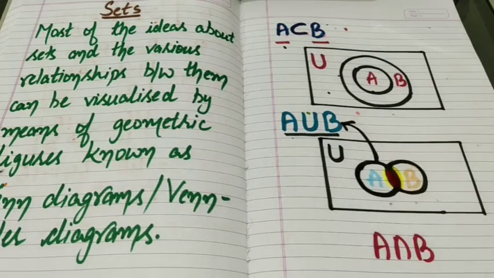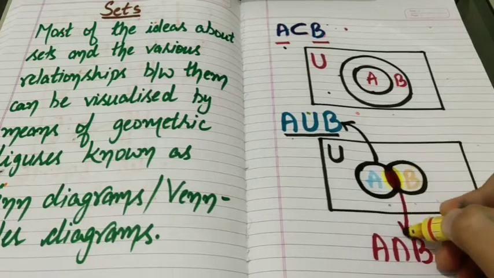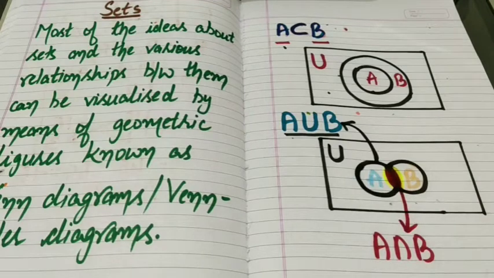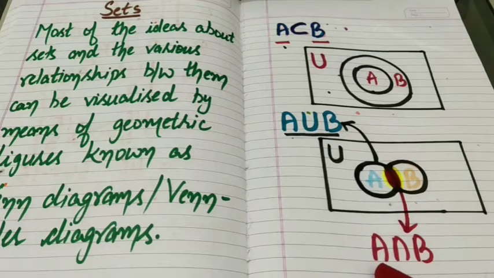This one. Since this common highlighted region represents A intersection B, that is how with the help of Venn diagrams we can show the set which is A intersection B.